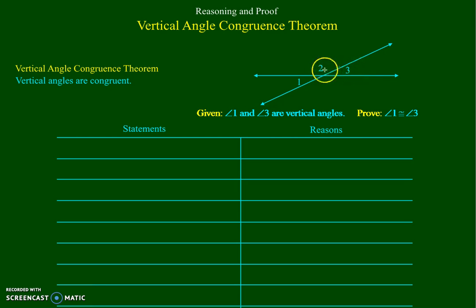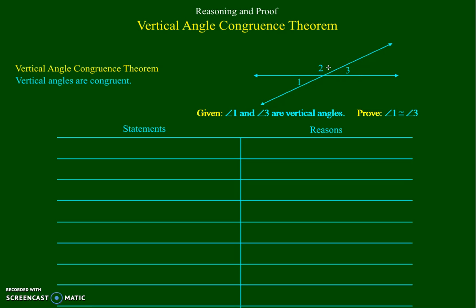And because linear pairs are supplementary by the linear pair postulate, 2 and 3 are supplementary, and 1 and 2 are supplementary. So here we have a case where angle 1 is supplementary to angle 2, and angle 3 is supplementary to angle 2. That means we have two angles, 1 and 3, that are supplementary to the same angle.